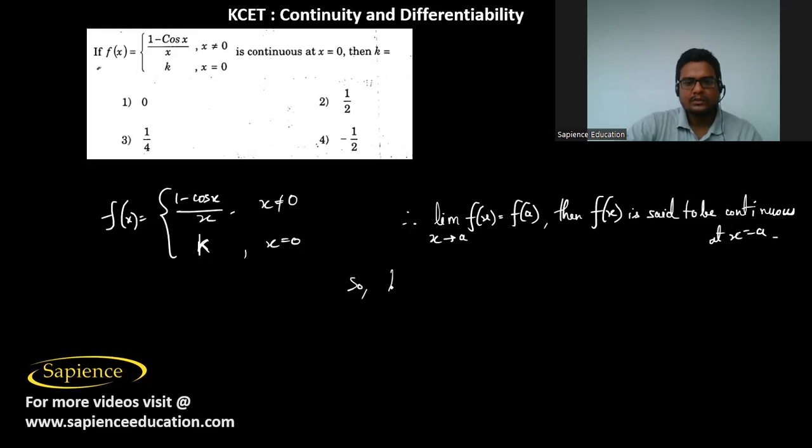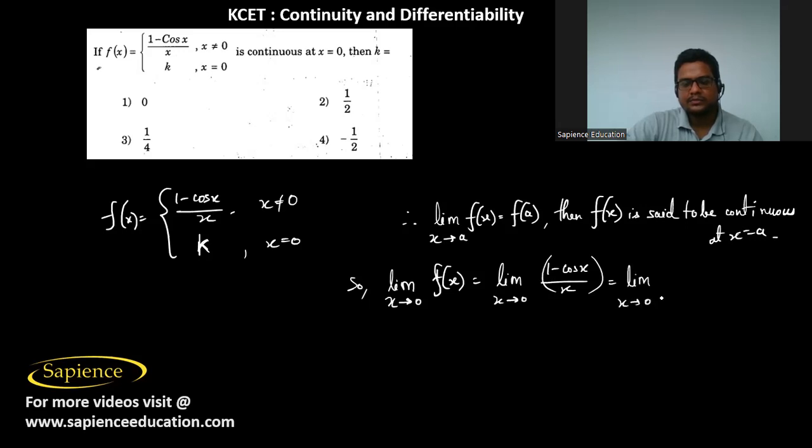So therefore here limit x tends to 0 of f of x, that will be how much? So that will be limit x tends to 0 of 1 minus cos x by x. So this can be written as limit x tends to 0, 1 minus cos x is 2 sine square x by 2, and this x I can write as x square by 4, and this 4 by x I can write.